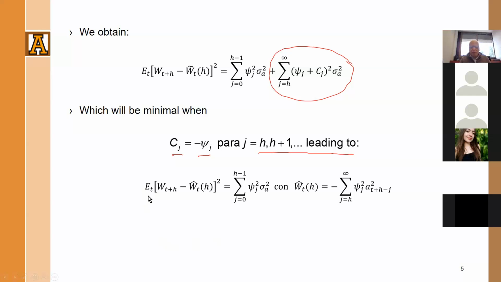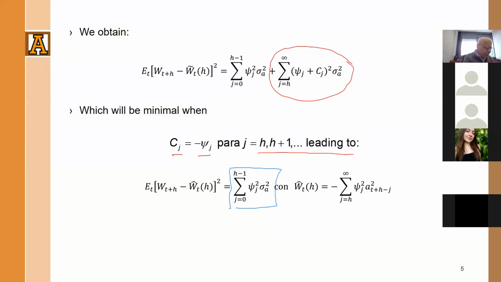So the conditional expectation given time t of W_{t+h} minus w hat, where w tilde is any estimate. But when we have w hat here, the one where Cj minimizes psi sub j, that would be only this term here.